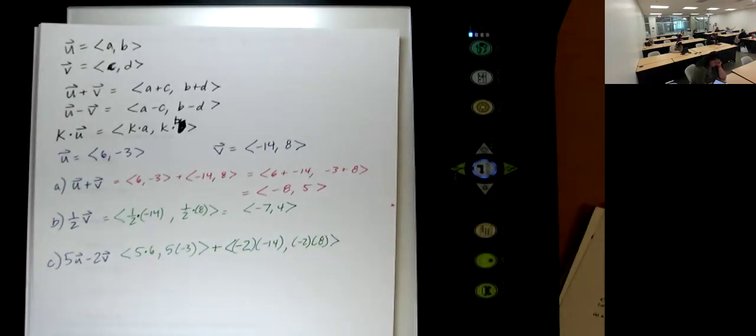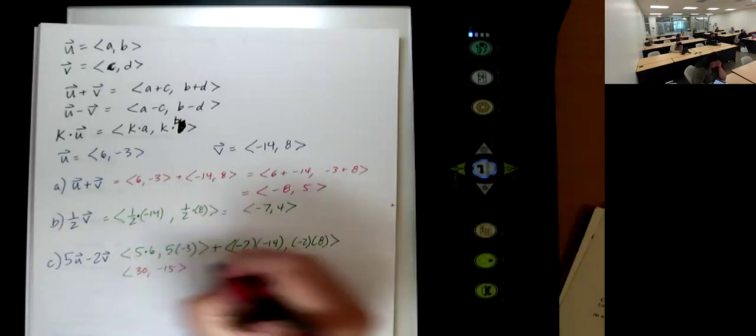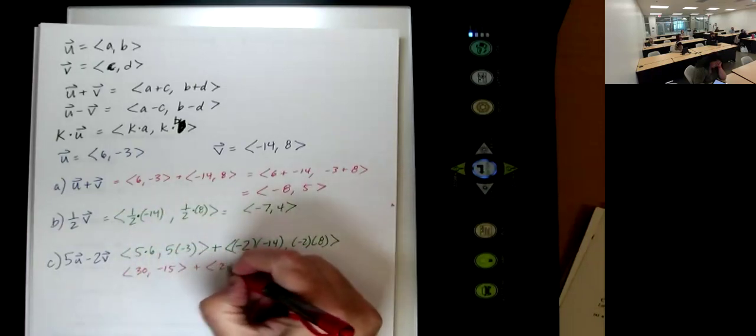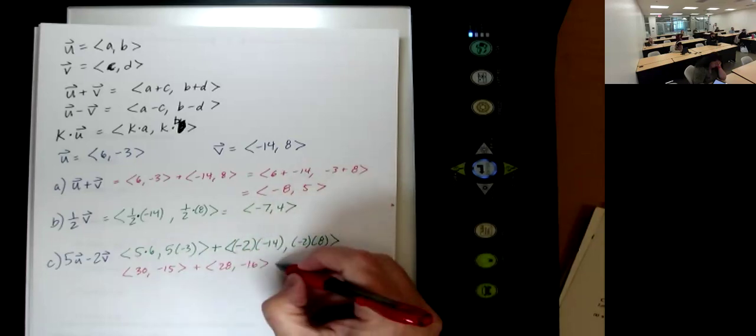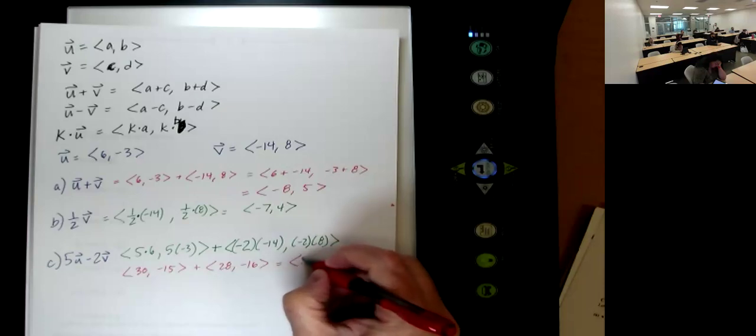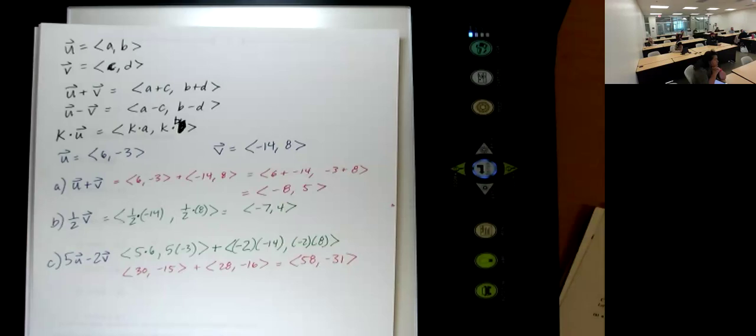This just helps me turn it into addition where I'm not potentially messing up signs later on. I've got 30, negative 15 plus 28, negative 16. Looks like 58, negative 31. There we go.